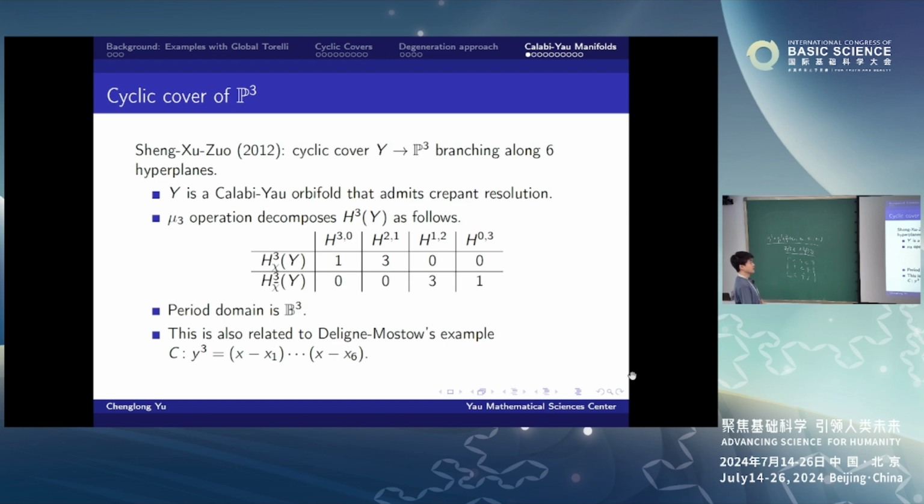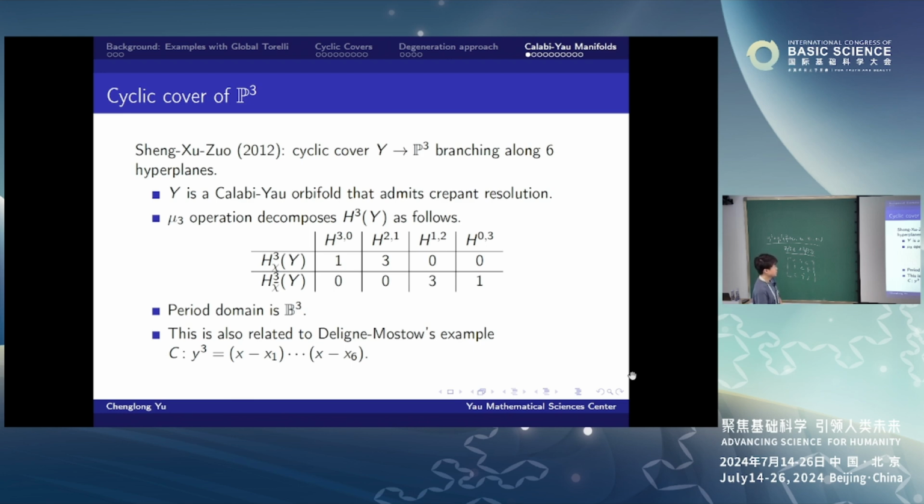Then you obtain a Calabi-Yau threefold instead of a Fano variety. If the degree of the hypersurface is higher, you do branched covering, you will obtain Fano, Calabi-Yau varieties or general type varieties. So you have a Calabi-Yau orbifold admitting a Crepant resolution. So you will have a Calabi-Yau manifold.